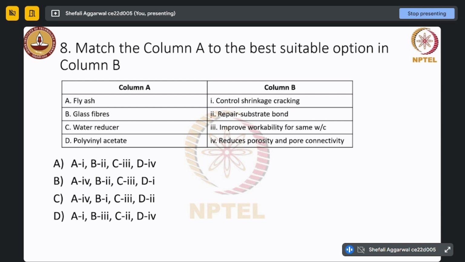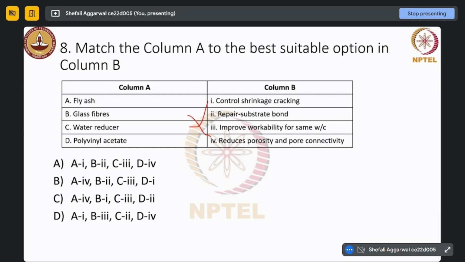What do you think will be a good bonding material? For controlling shrinkage cracking, we can think a water reducer will work more. And glass fibers will reduce porosity and pore connectivity.